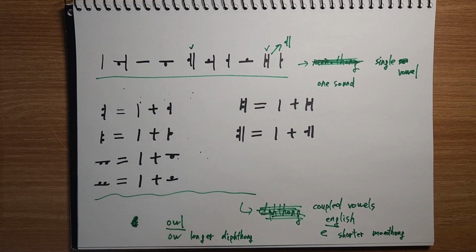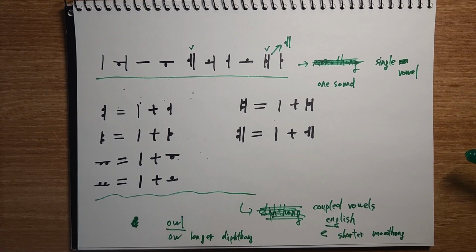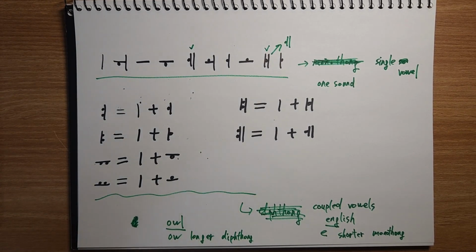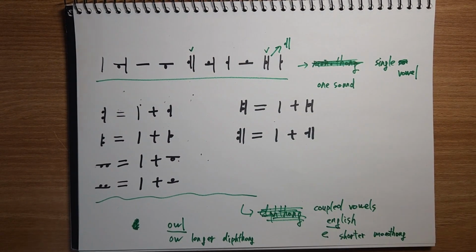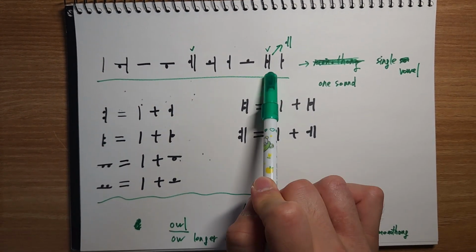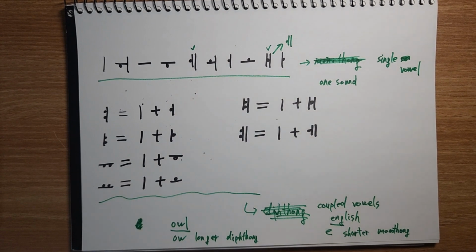So when you come to Korea and talk with native Koreans, especially young people, they kind of can't distinguish these two sounds. But these are two different vowels. You have to know that.